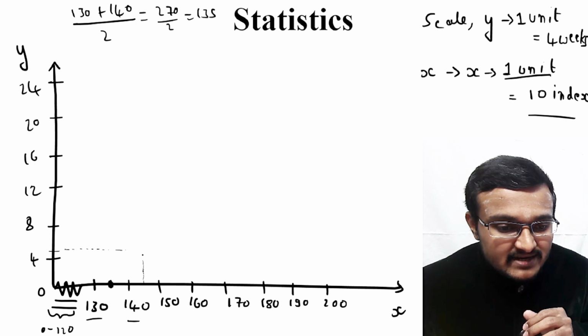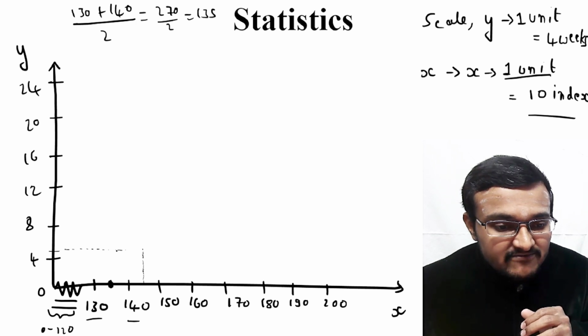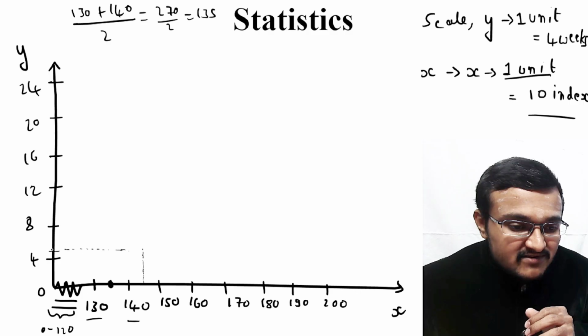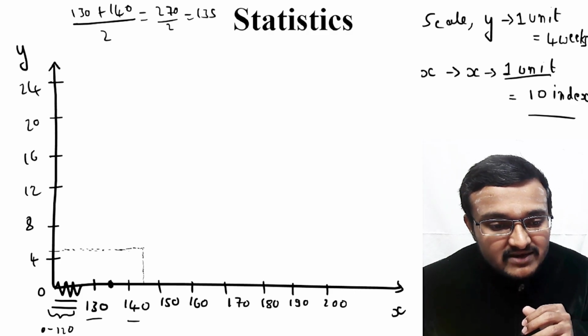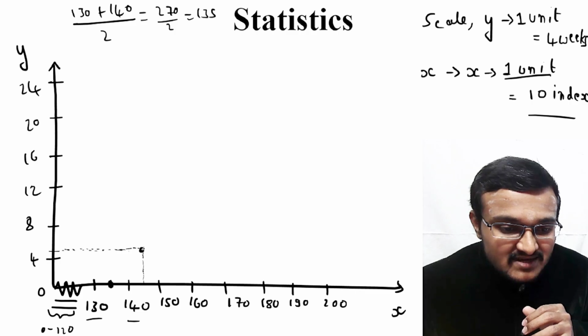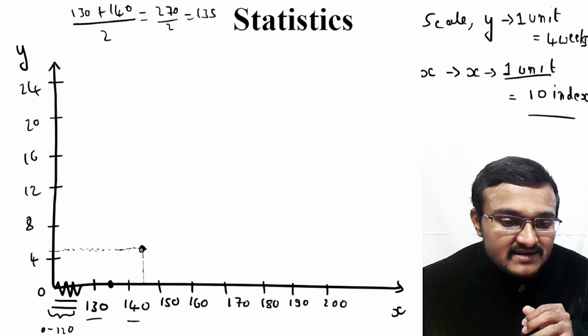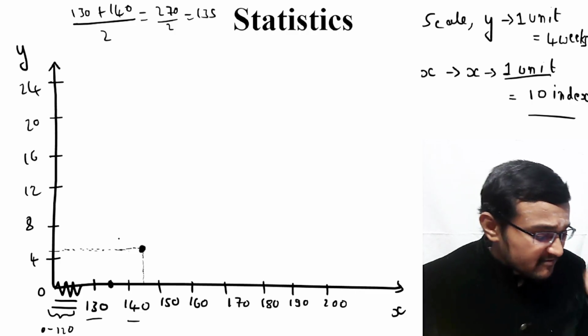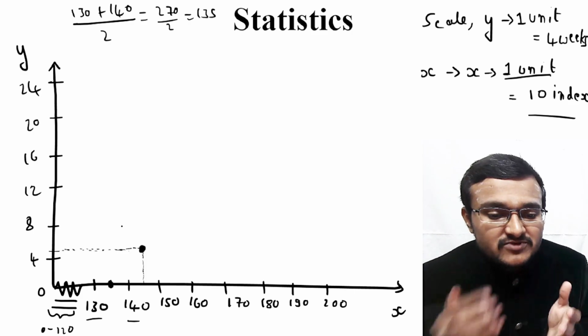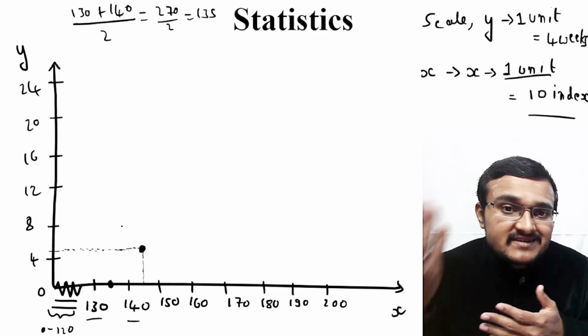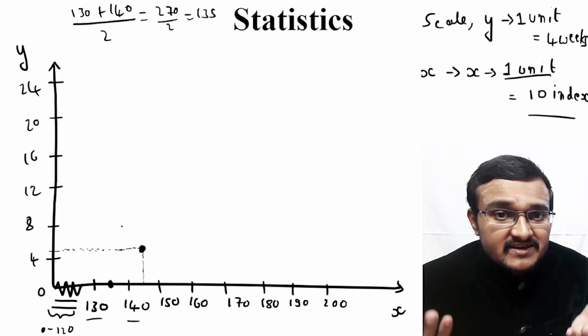From there you can take a perpendicular line like this, and from 5, because here frequency is 5, you can take one more perpendicular line like this. Wherever these two perpendicular lines meet, that will be your second point. So from 150 to 160, what is the midpoint? 155, because 150 plus 160 is 310, and 310 divided by 2 will be 155.